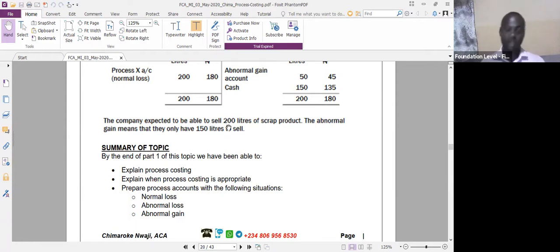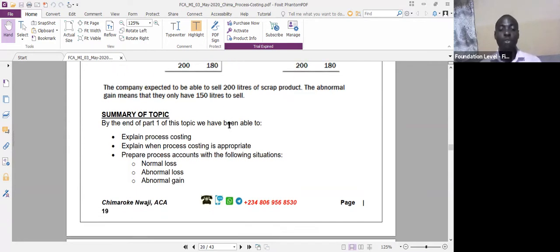So our advice is that you go through this material again, look at that one example we'll be using and try to see how we recognize the normal loss with recoverable value and without recoverable value. We also try to see how abnormal loss also has a bearing.